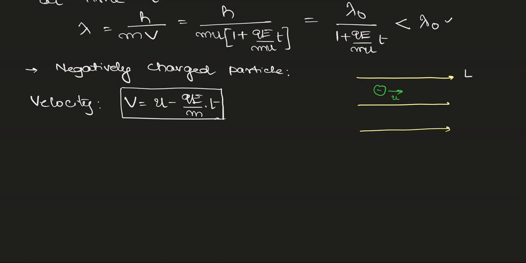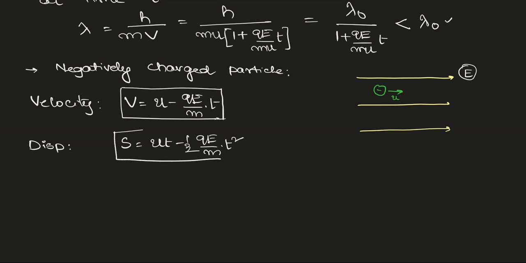That means it will experience continuous retardation as it moves in the direction of the field, and the displacement s = ut minus half qE by m into t square. This is our displacement equation.